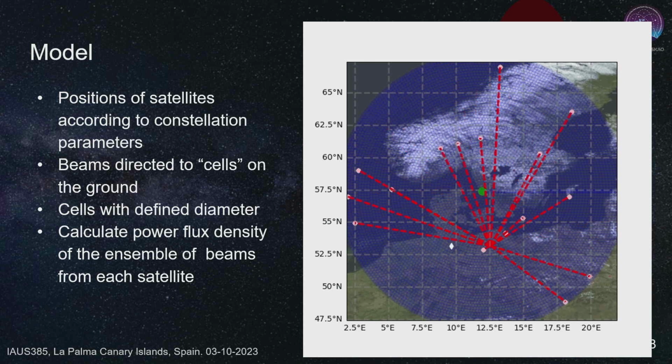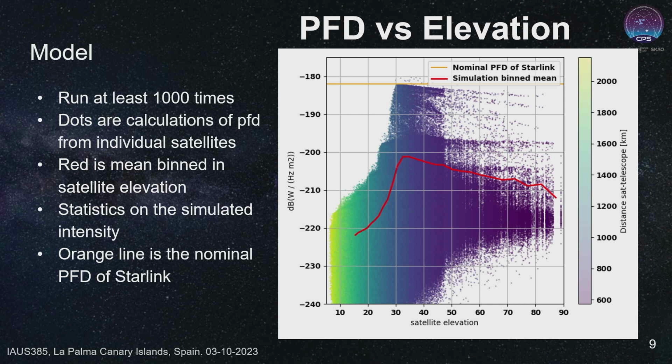And if we have our point there in the middle, which is our radio telescope, one can start looking at the statistics of this and how you will start seeing satellites depending on where they're looking at. And because this is a statistical process, you do this many times, and then you get an idea of the power flux density and how that changes, right?